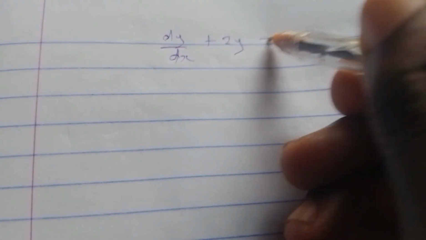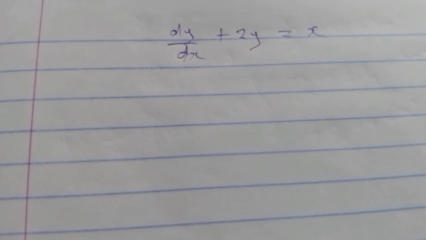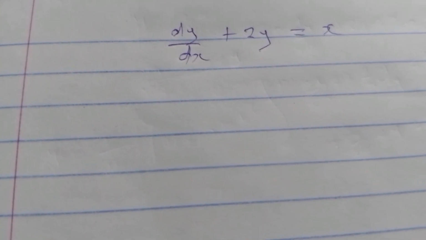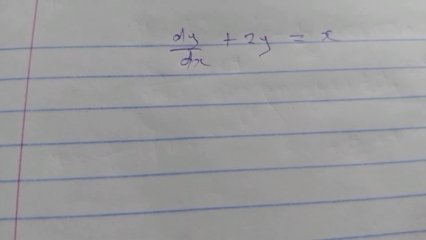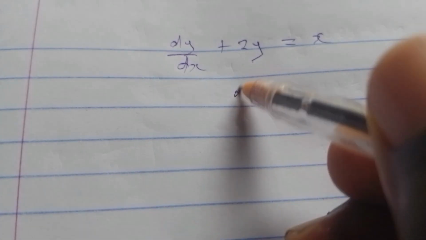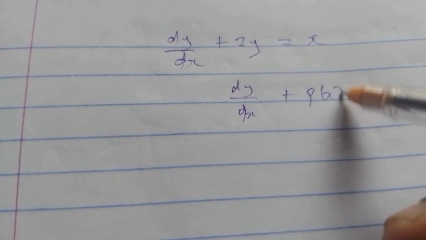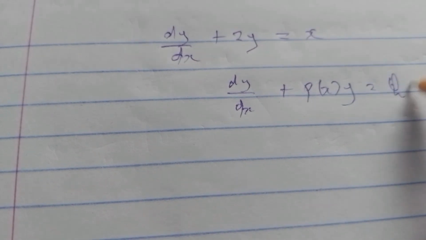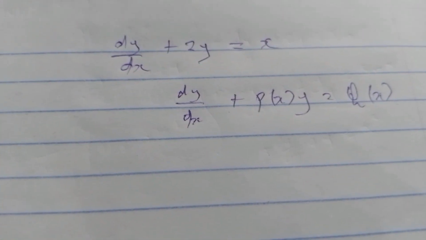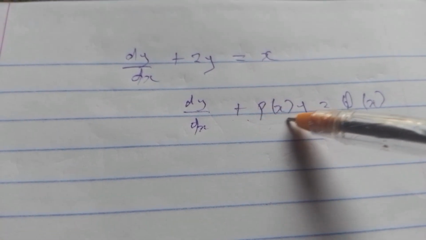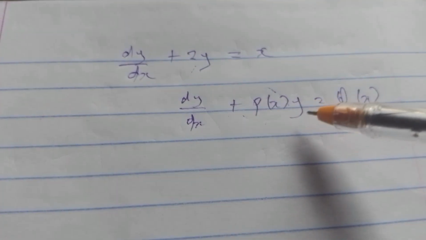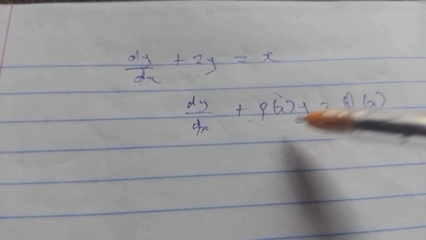Alright, so let's say we have dy/dx plus 2y is equal to x. How can we find our y in this case? Alright, this is in the form of dy/dx plus p of x times y is equal to q of x. Now comparing the equation, we can note that p of x is 2, because this is y, this is y, so p of x is 2.